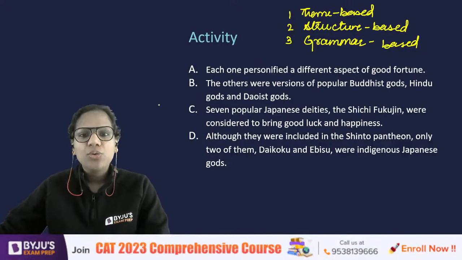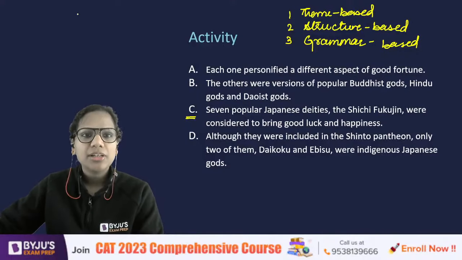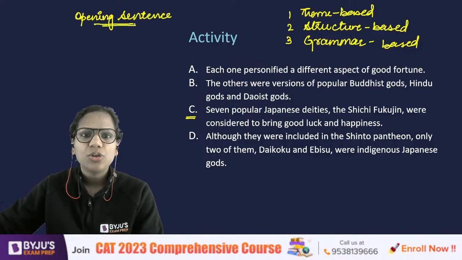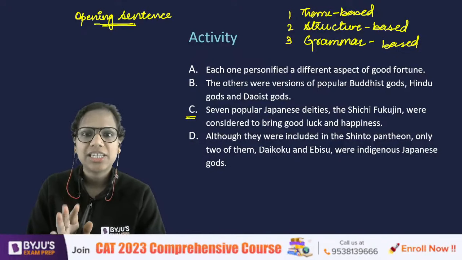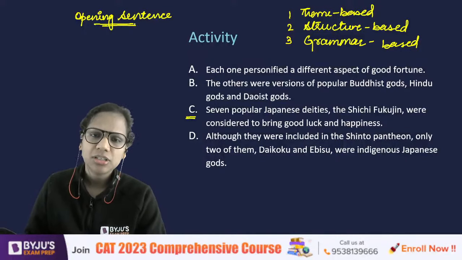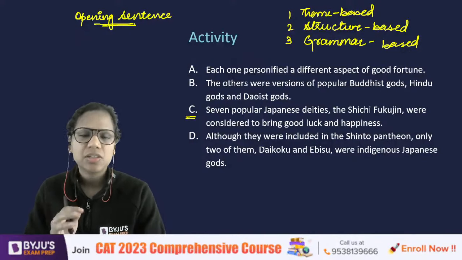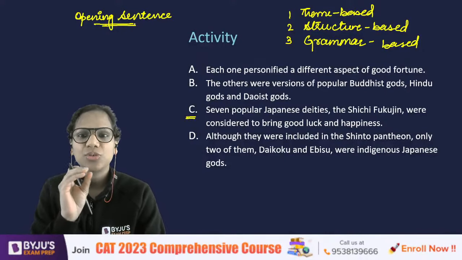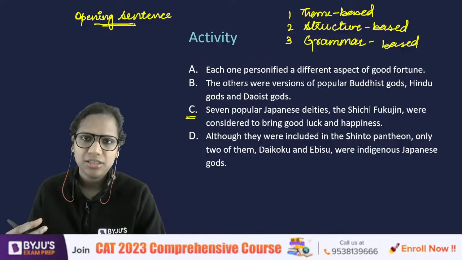Now, you are right in saying that C is the opening sentence. I want to say a few words about the opening sentence also. A lot of students want to first identify the opening sentence, and then only they start with the sequencing process. I would say that this is not a wrong approach. But if there is a distinct opening sentence, then you will find it easily, right?